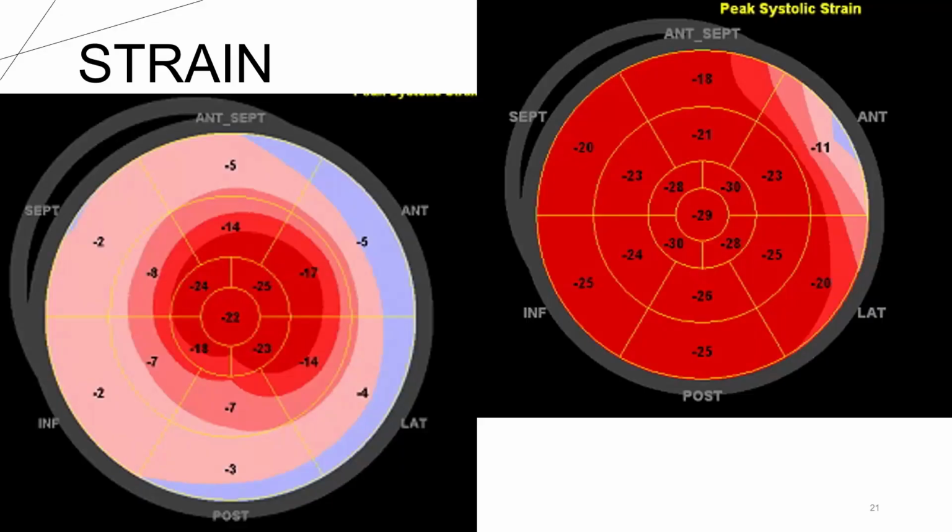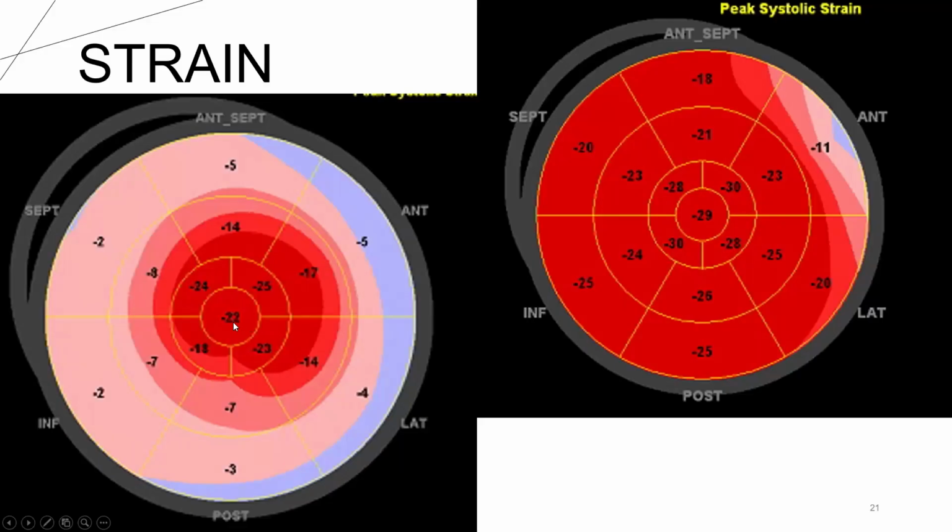You can see that there's still a range between the highest number and the lowest number. In this case, it's more dramatic on this side of the wall because something's going on in the anterior wall of this heart. But in general, there's only about 10 points difference.